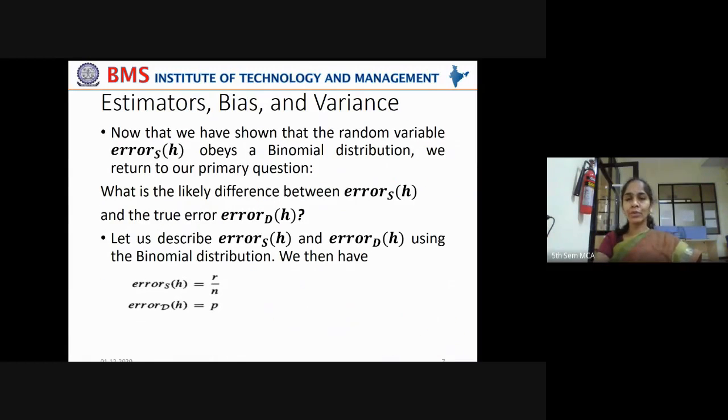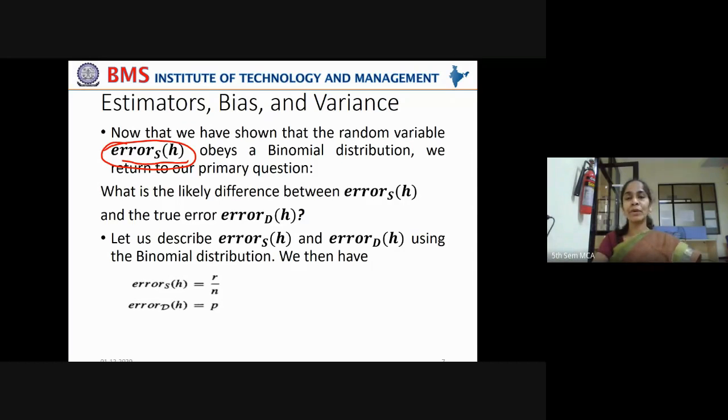Now that we have shown that the random variable, that is sample error, obeys a binomial distribution. What is sample error? The error associated with the sample you have picked from the population. That is called sample error, represented by error S of h. Now our random variable is the error associated with the sample.